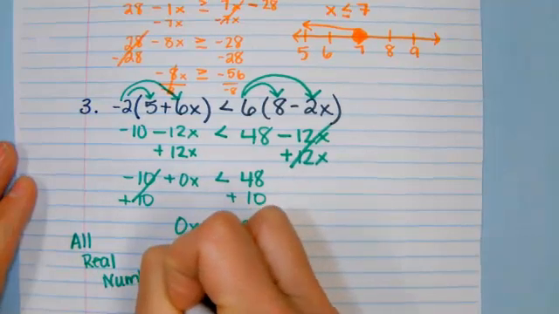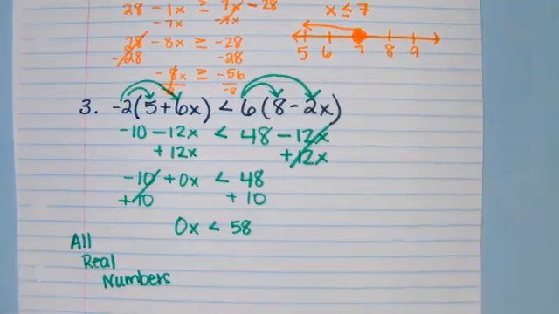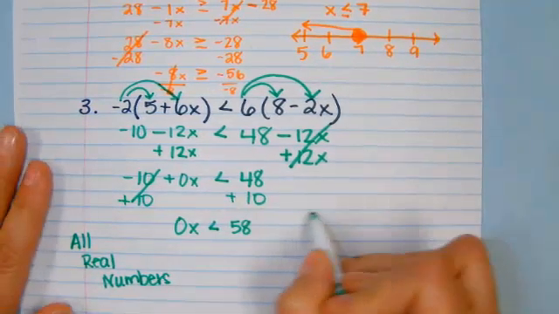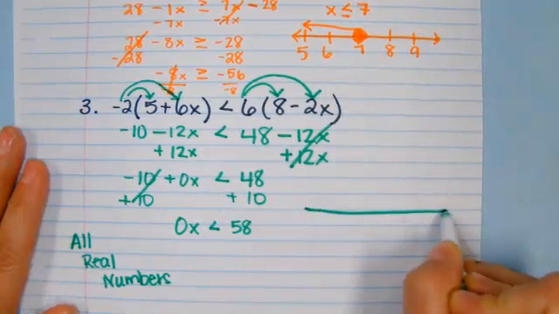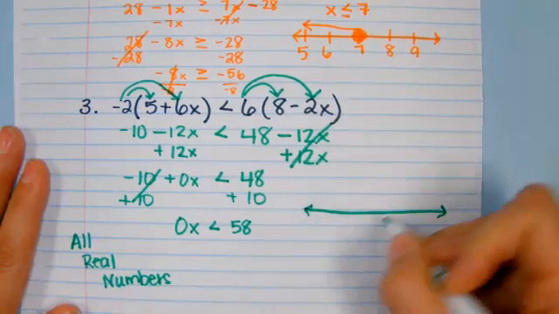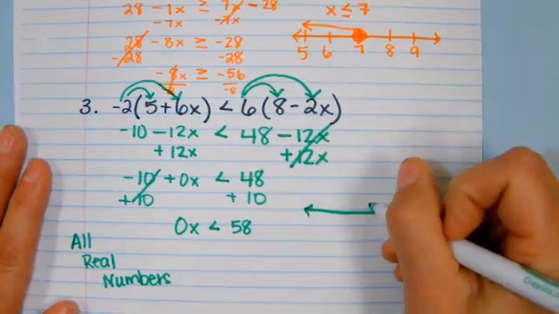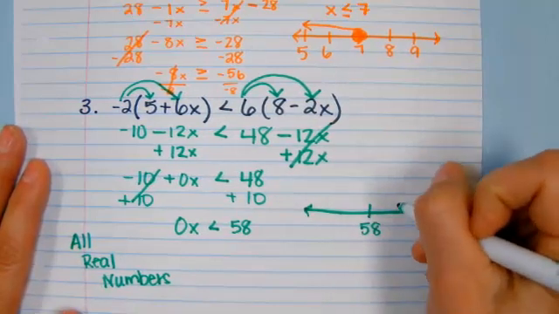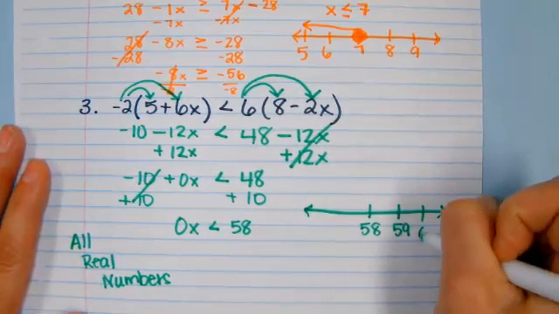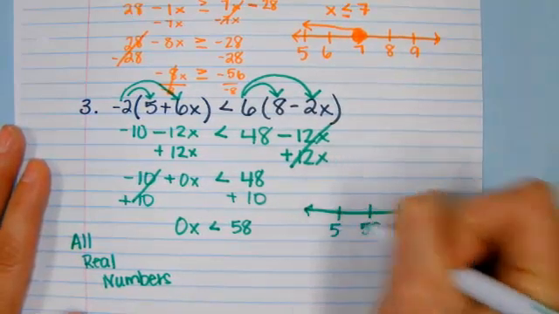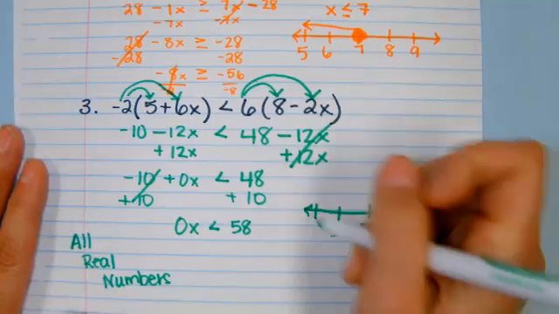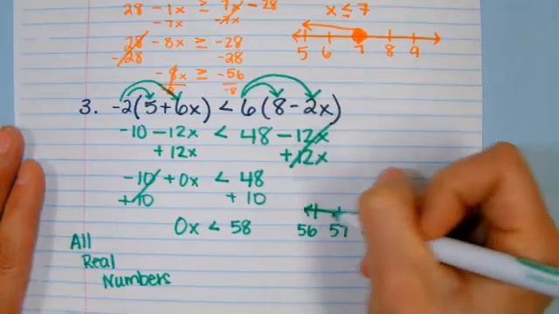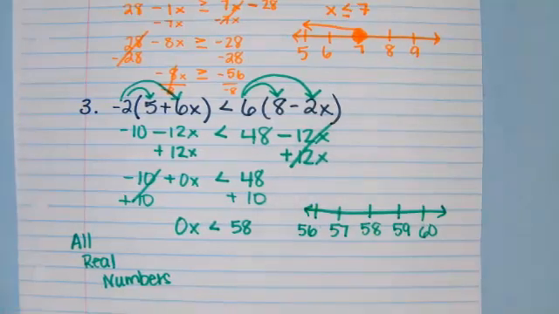And so the question is, how do I graph that? And this is the answer to that. So it does not matter where you start your answer here. And because there's a 58, I'm going to use 58, okay? Because we have all real numbers, this is what we do. There's not really a number that we have to put a circle around.